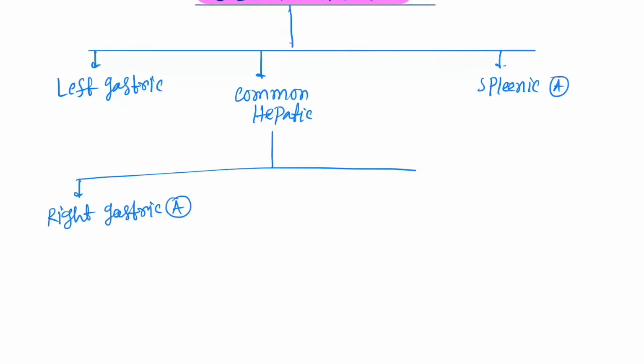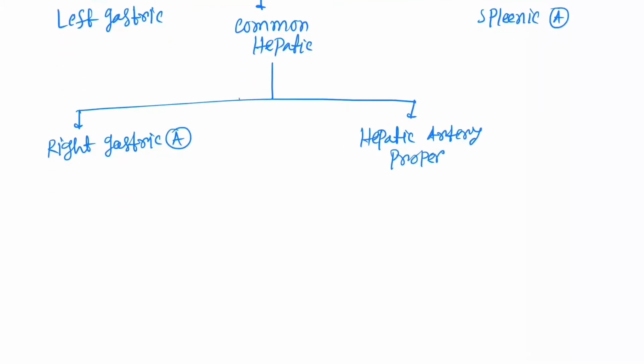Okay. Next, common hepatic is further divided into right gastric artery and hepatic artery proper. Okay, and another one is the gastroduodenal artery.